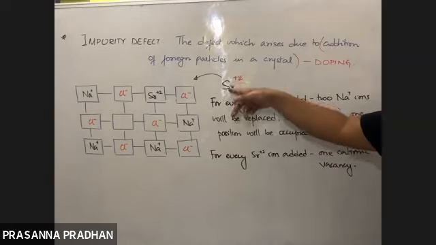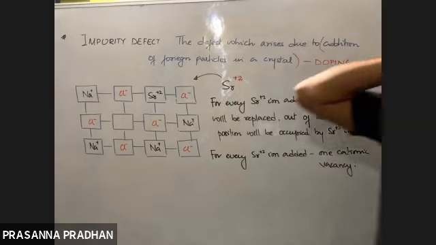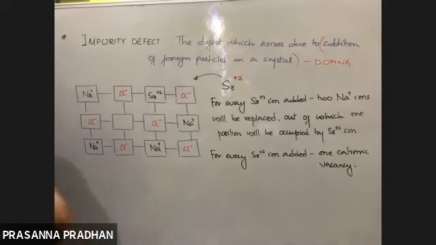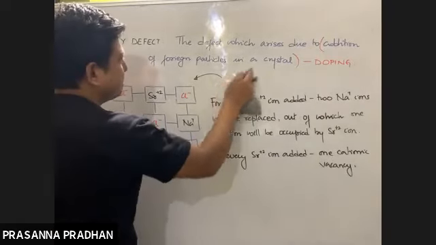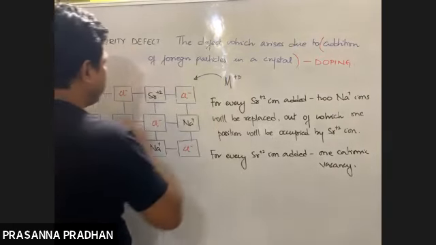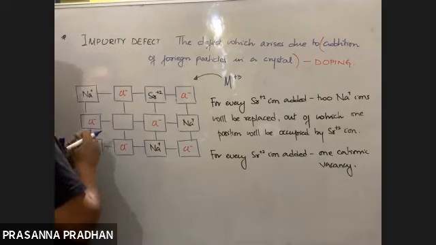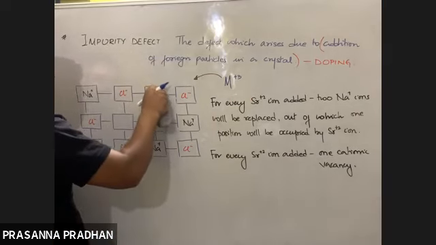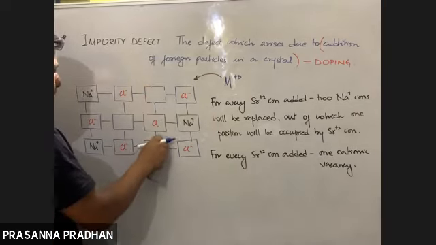Now if I add a cation having +3 charge, then क्या होगा condition? मैंने सपोज डोपिंग किया एक मेटल आयन का जिसका चार्ज +3 है. So how many cations will be replaced? 3 cations will be replaced.